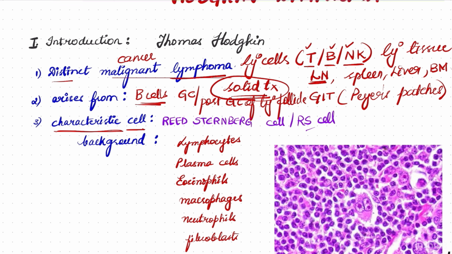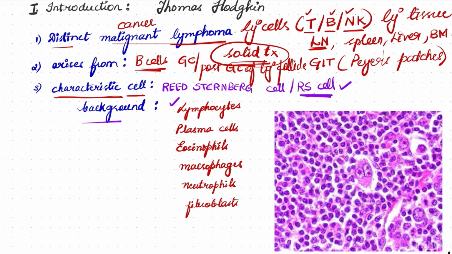Along with this diagnostic cell, the background contains other inflammatory cells like lymphocytes, plasma cells, eosinophils, macrophages, neutrophils, and fibroblasts. These are the various other cells present in the background which make up the inflammatory background.